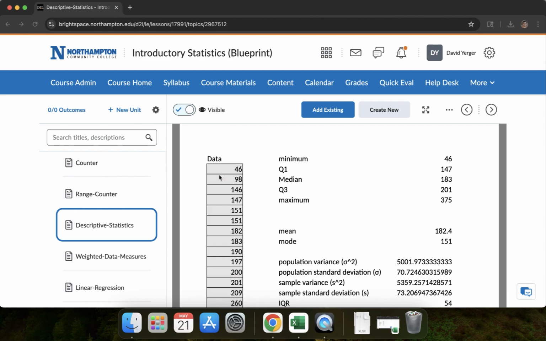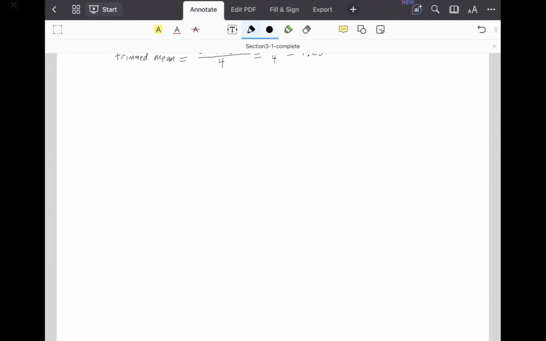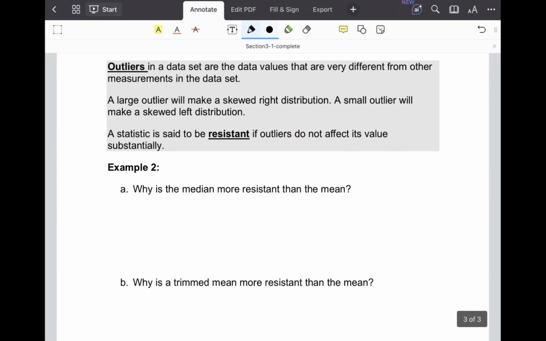Okay, let me go back to here. And talk about a word that is important, resistance. So this one here. We've talked about outliers before, but outliers are data values that are very different from the measurements in the data set.